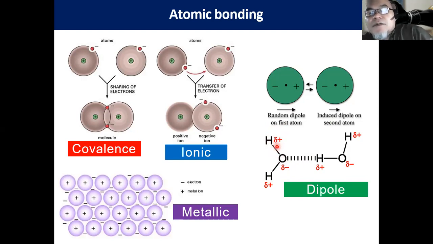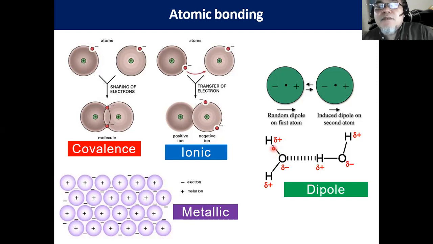But once in a while, one part of the oxygen has mostly electrons, so it is more negatively charged, while the hydrogen normally has a single electron, and that single electron is covalently shared with the oxygen.